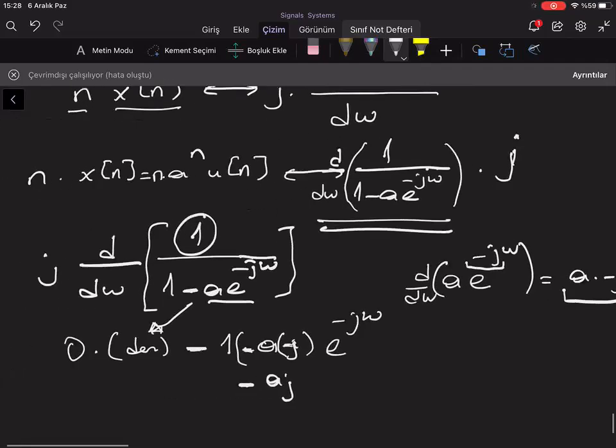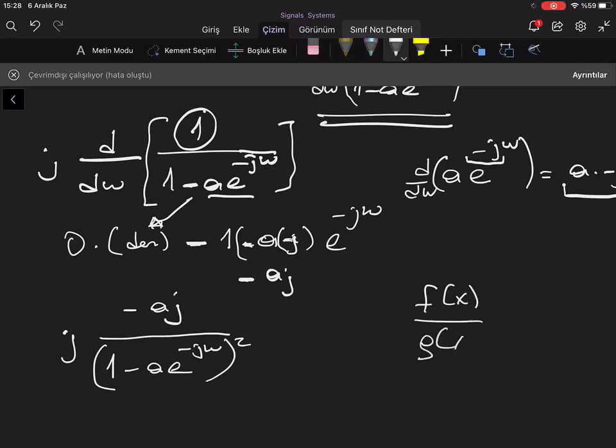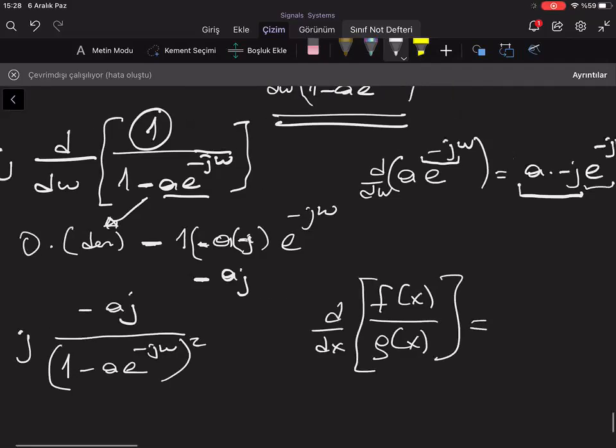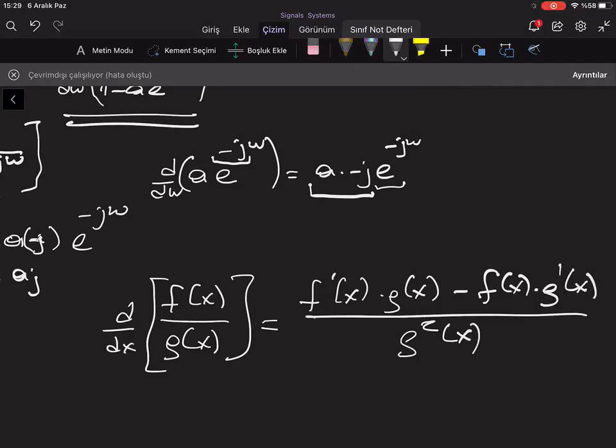Okay, finally, what do I have? j times minus aj divided by (1 minus a e^(-jω)) squared. Okay, let me remind you of the derivative of f(x) divided by g(x): f'(x) g(x) minus f(x) g'(x) divided by g(x) squared.